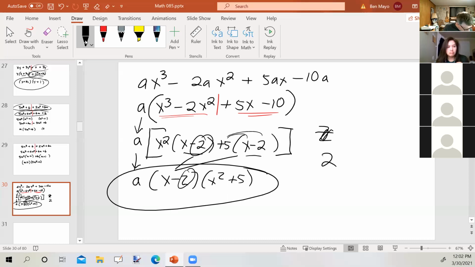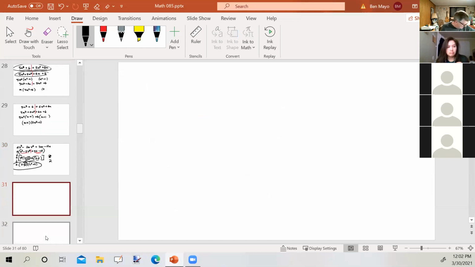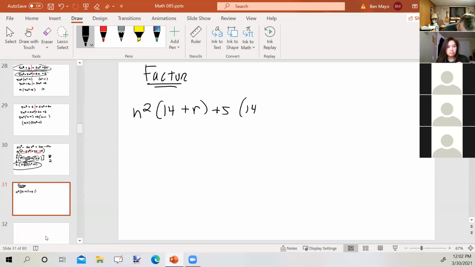Okay, let's see here. Now the directions just say factor. h squared times the quantity 14 plus r plus 5 times 14 plus r. So the greatest common factor would be 14 plus r, and the leftovers h squared plus 5.